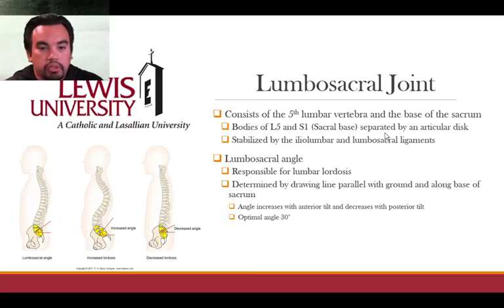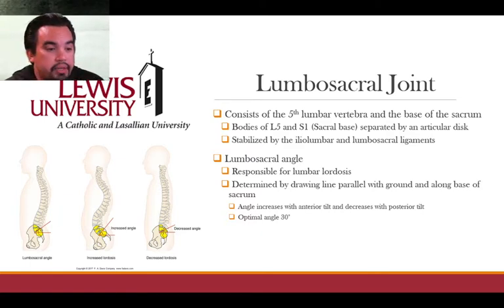The lumbosacral joint. It consists of the fifth lumbar vertebra and the base of the sacrum. It's the bodies of L5 and S1 that are separated by an articular disc, kind of like the vertebral discs in our spine. So that's just continued throughout into that lumbosacral joint. And it's stabilized by the iliolumbar and lumbosacral ligaments.